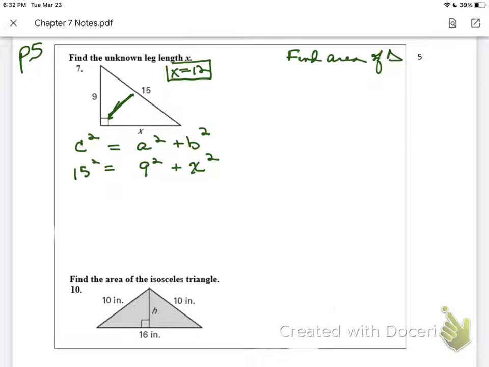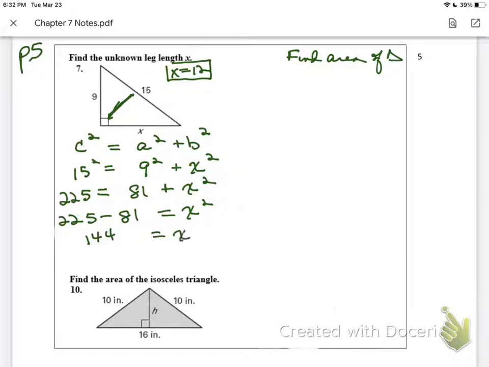Okay, so 15 squared is 225, which equals 81 plus x squared. So 225 minus 81 equals x squared, and 225 minus 81 is 144. That equals x squared. Now I don't want x squared, I just want plain old x. So take the square root of both sides, and x is going to be 12.